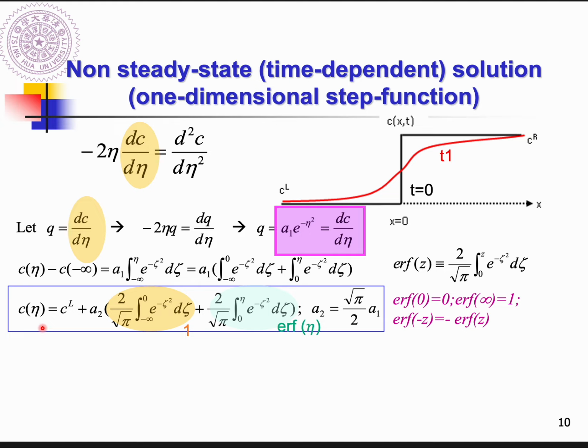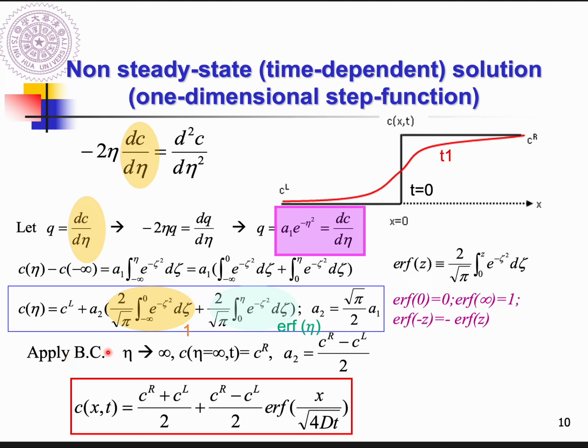But now we need to input the boundary conditions. So what are the boundary conditions for this step function or diffusion couple? Iota is x divided by square root of 4dt. When iota, similar to x, approaches infinity, then the concentration will equal Cr.